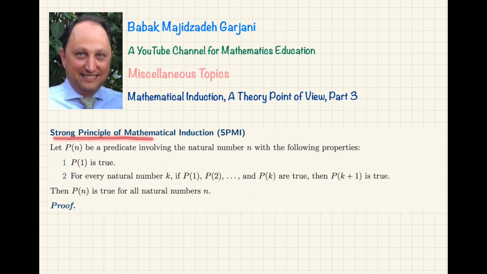The strong principle of mathematical induction. Let p of n be a predicate involving the natural number n with the following properties. Number 1, p of 1 is true. Number 2, for every natural number k, if p of 1 and p of 2 and up to p of k are true, then p of k plus 1 is true. Then p of n is true for all natural numbers n.